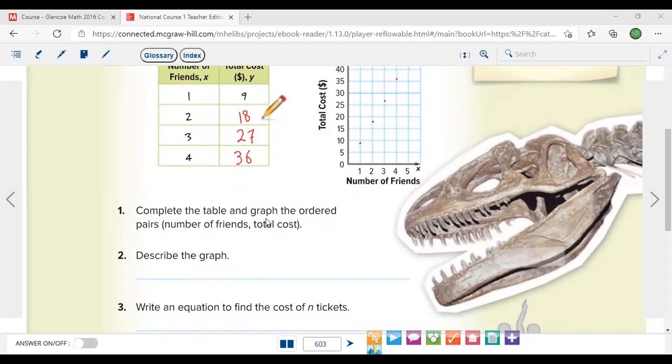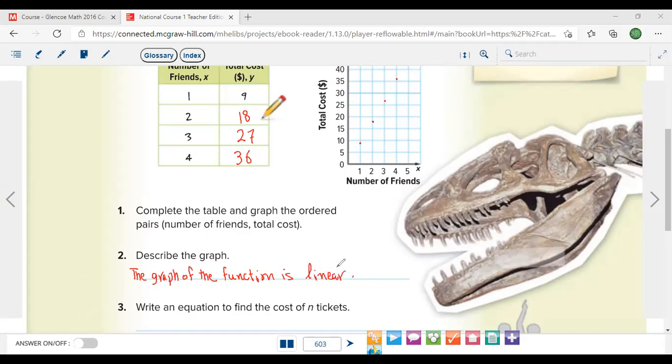Complete the table and graph the ordered pairs. We graphed already and we completed the table. Describe the graph. So we can say that the graph of the function is linear.